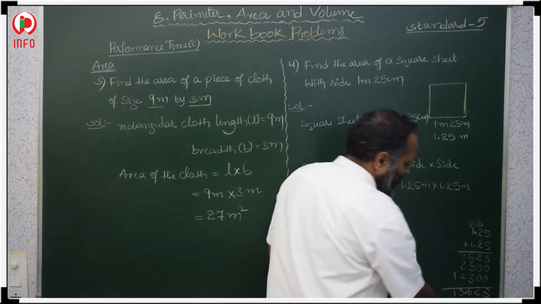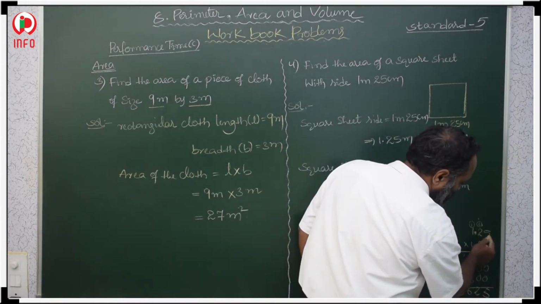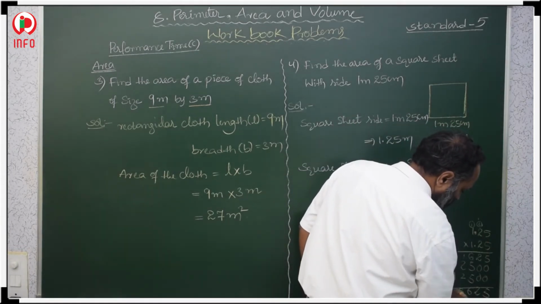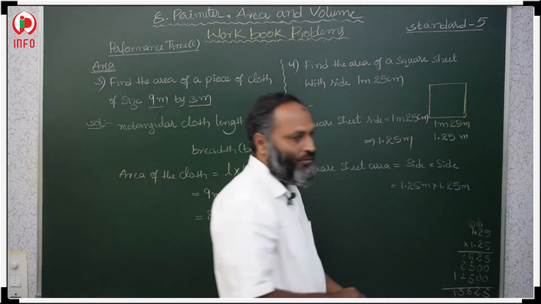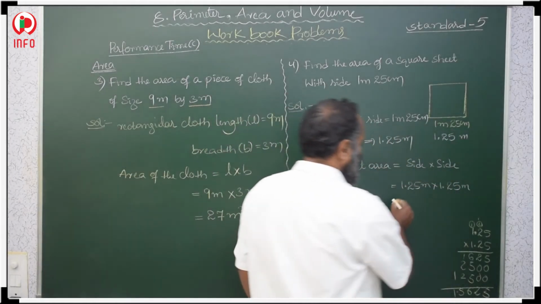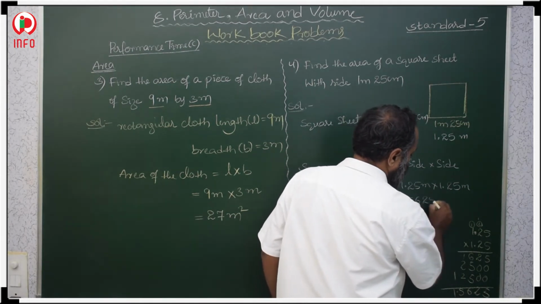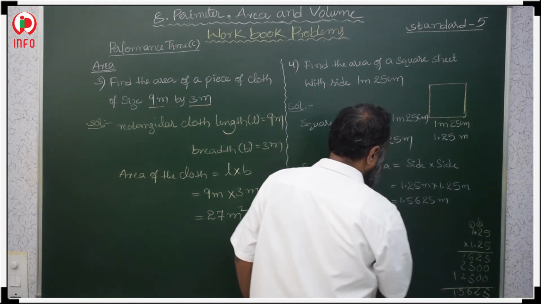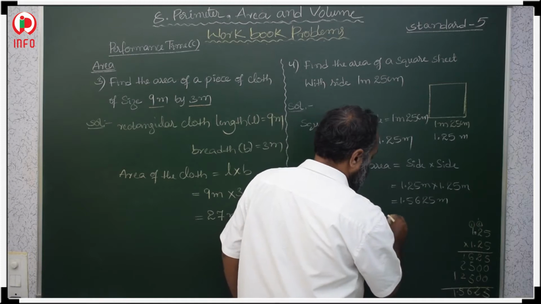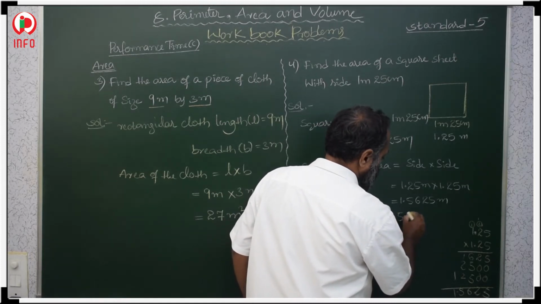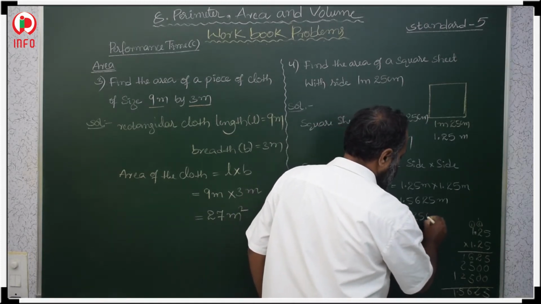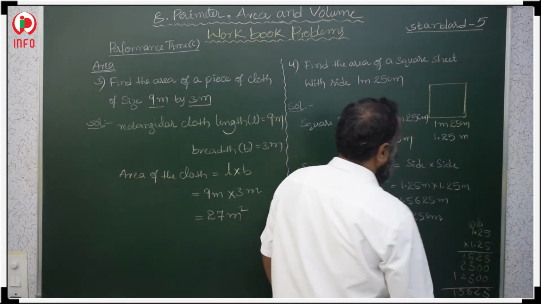After 4 digits we have to keep a decimal. So, here 2 digits and here 2 digits, that is 1.5625. So, here the answer is 1.5625 square meters.